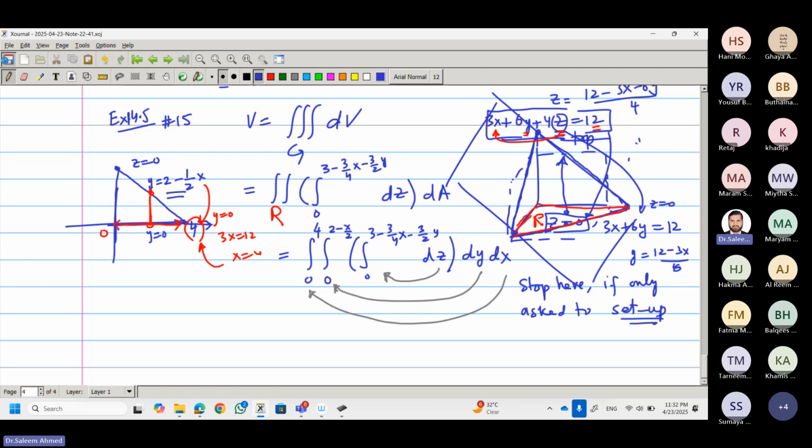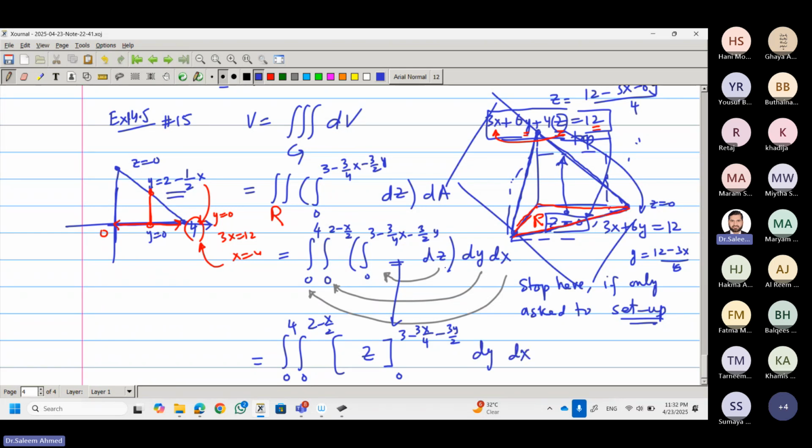So let's say if I continue as an example, I have to integrate the middle one first. Here is just 1, so the integral is just z. So z is from 0 to 3 minus 3x by 4 minus 3y by 2, and then dy dx.